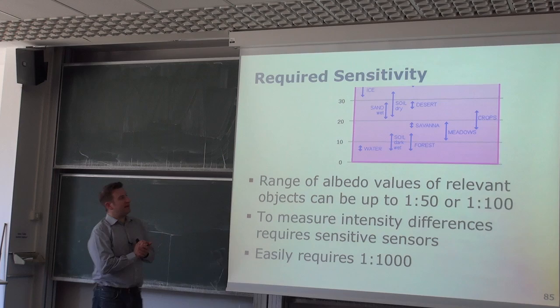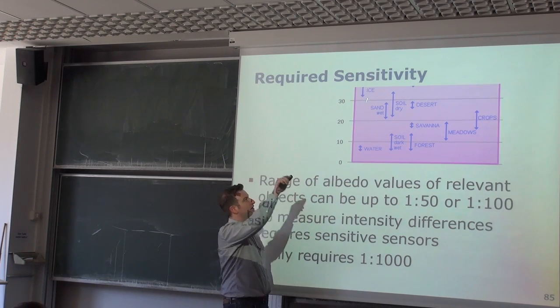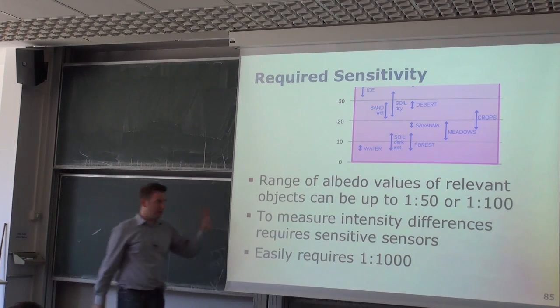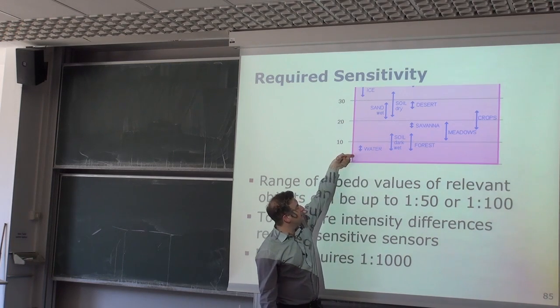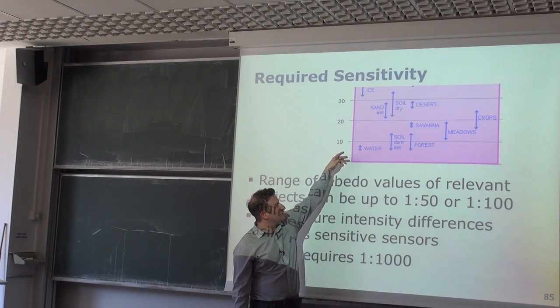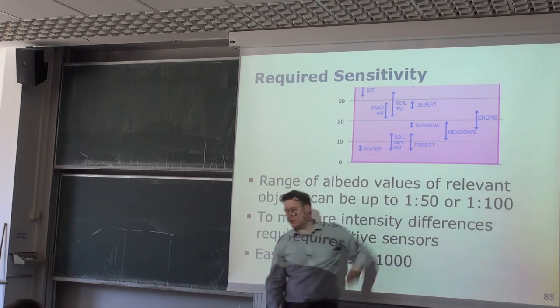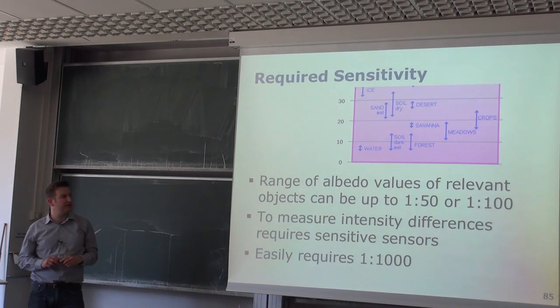So if we look at this relevant area, we can see that we have relevant albedo values of easily 1 to 50, 1 to 100. Especially so if we have trees or Nadelwald, for example, which has very low values, going down even to 2%.